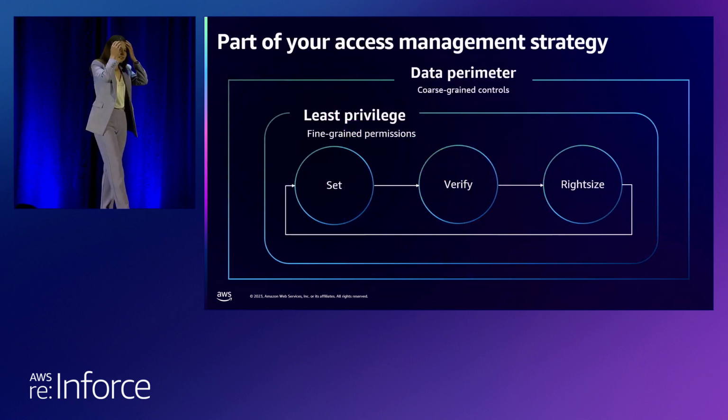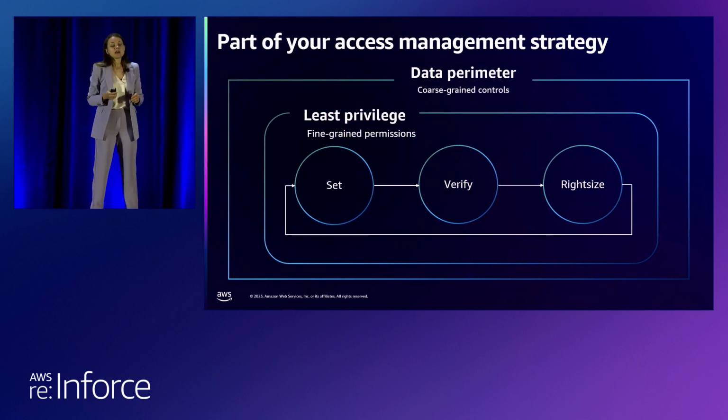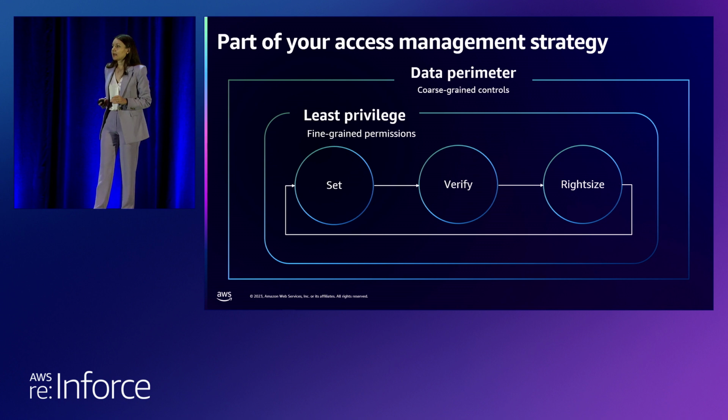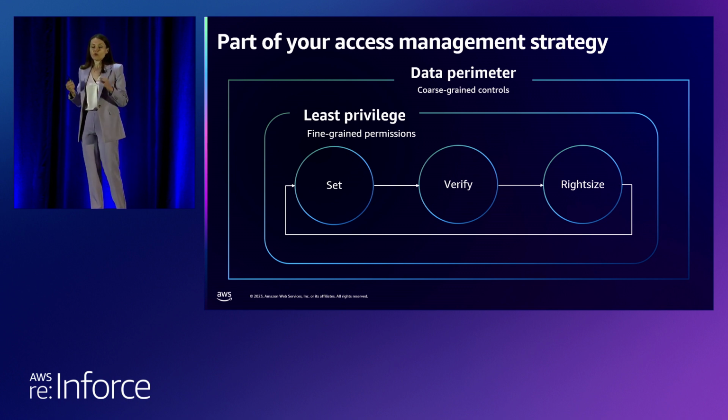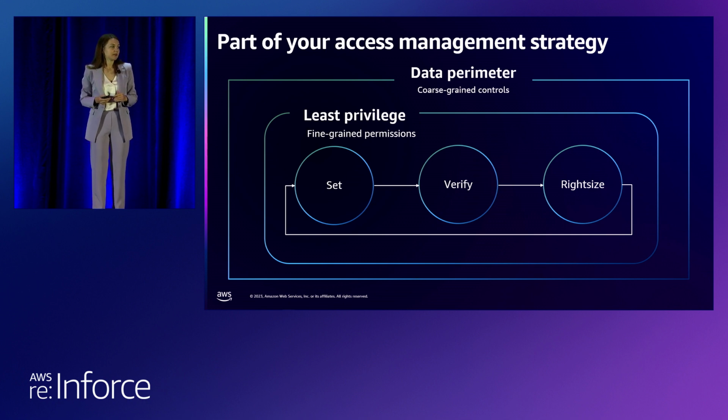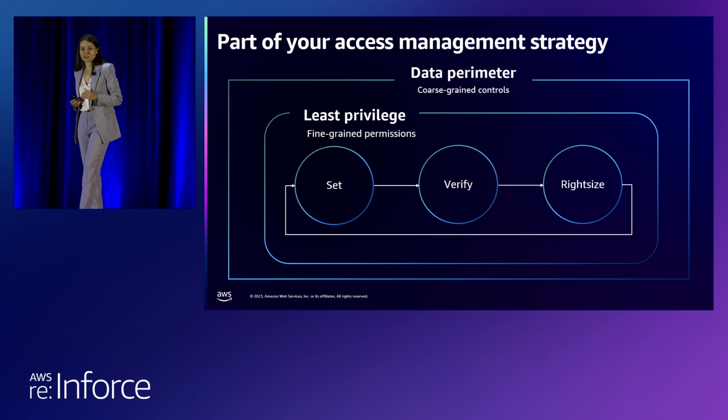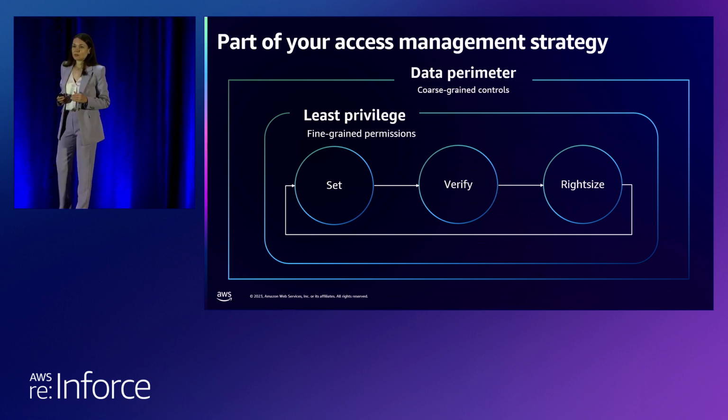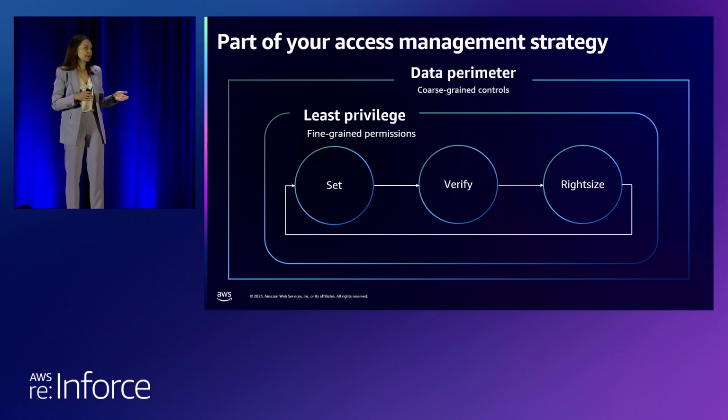But before we look at the specific security considerations, I want you to keep in mind that data perimeters in the overall access management story are not meant to replace fine-grained permissions. So don't mix with least privilege. Data perimeter is not about this specific developer can only access this specific bucket.